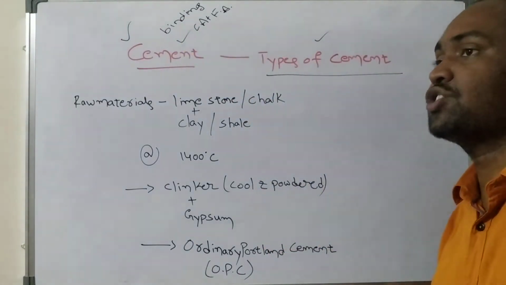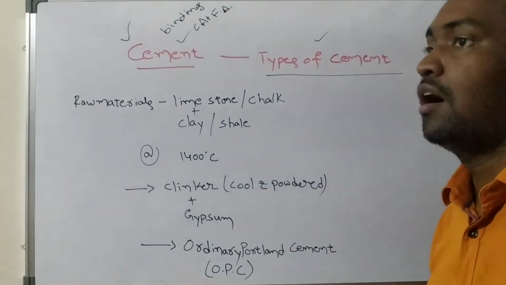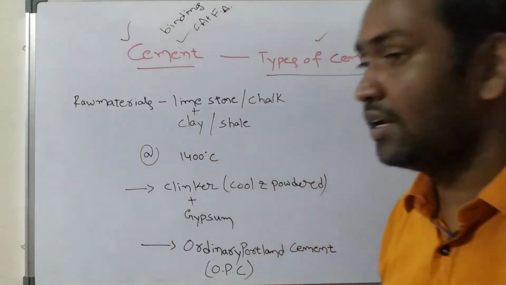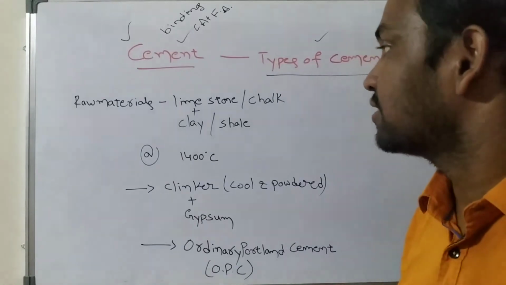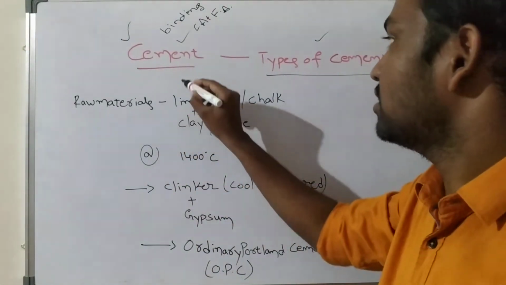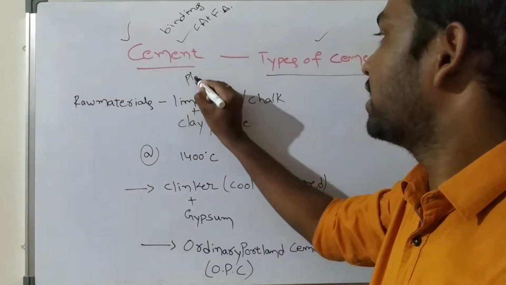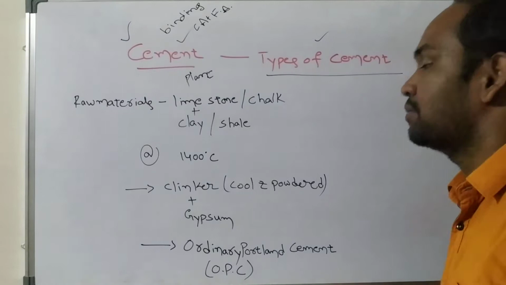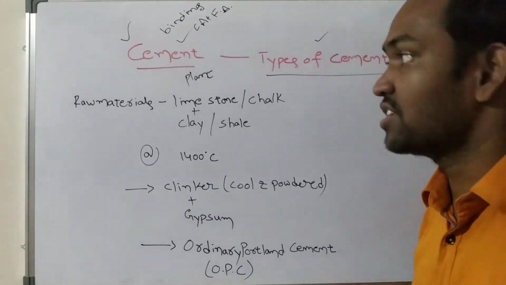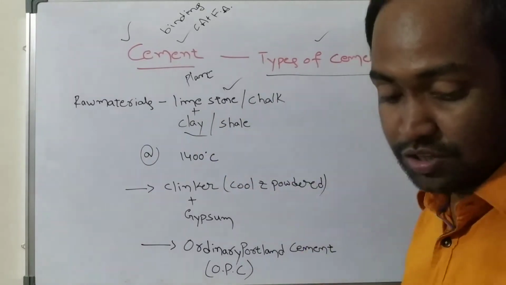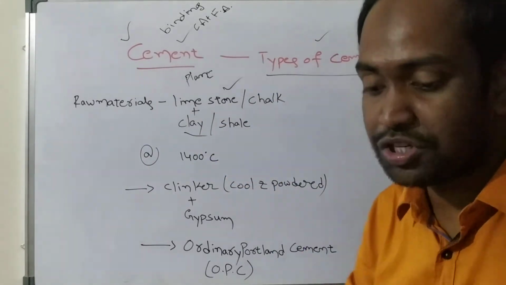In the previous session, we discussed how to manufacture cement. Understand that? So again, we will have a small look at that. We know that cement is manufactured in an industry called a cement plant, and the basic raw materials used for manufacturing cement are limestone and clay. These two are the raw materials most commonly used.